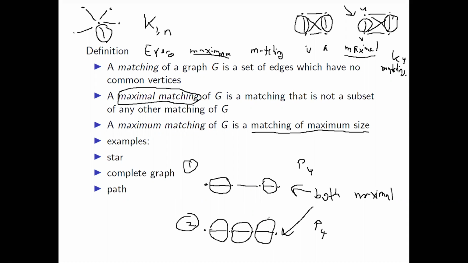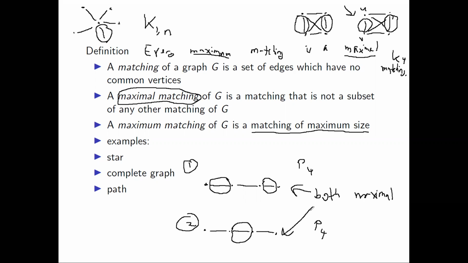If we tried to add those edges, though, we would end up with something that's not a matching, because both of those edges have vertices in common with this single edge in our matching right here. So those 2 vertices. So we can't add any more edges to that matching the bottom and still get a matching. So the matching the bottom, even though it's smaller than the one at the top, it is still maximal.